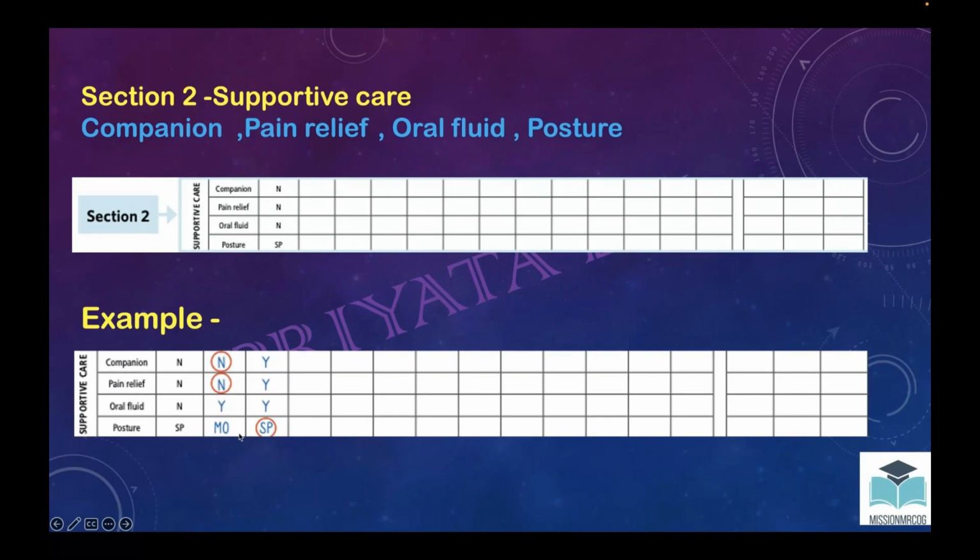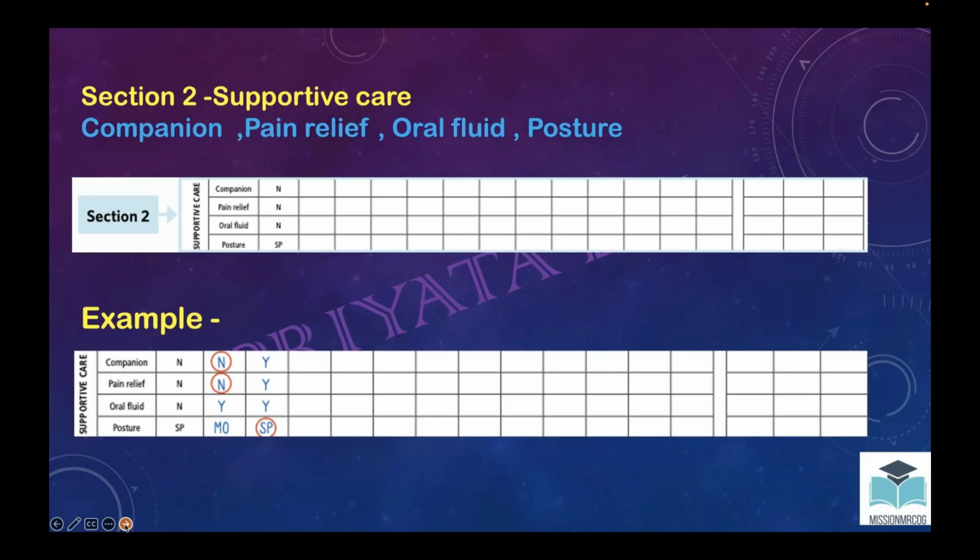For posture, she prefers supine, so that is an alert sign, again circled in red. So this way alerts are identified from the Labor Care Guide, and they are circled like this. So this is the example for section 2.